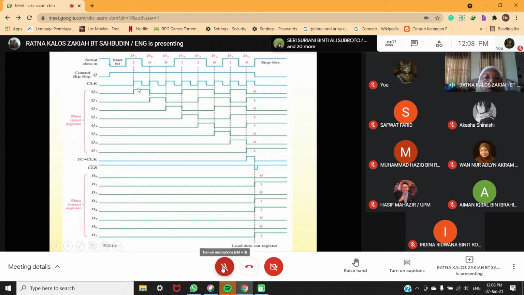At 1 clock here, you have data input here, 1, and then you have 0, 0, 1, 1, 0, 1, 0. Okay, so this is serial data, right? So serial data, it goes in, and then it will go to this part first, and then we shift until to the end. Okay, and then at the output, you will get back the data.